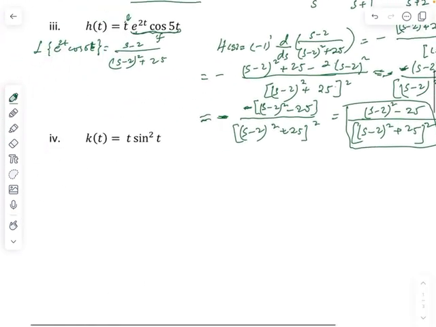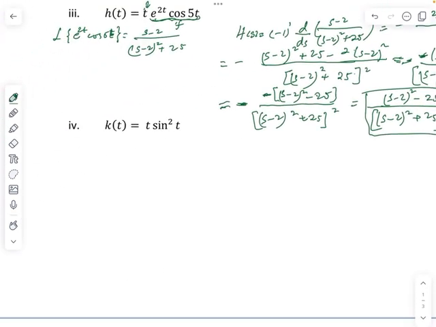Okay, next one. It's saying the function k of t is equal to t times sine squared t. Now we haven't seen a Laplace transform of powers of that trig function. We have seen sine at or bt and cosine bt, but not squared. So what do we do? We convert it into first degree trig function.